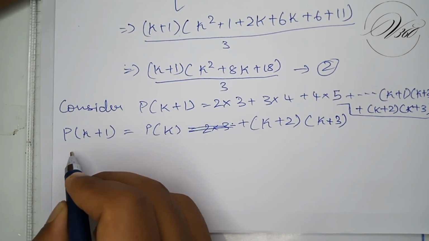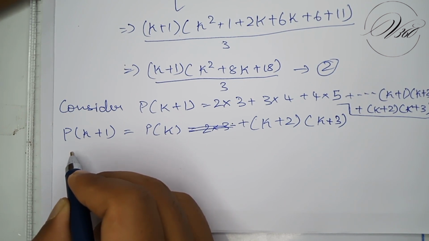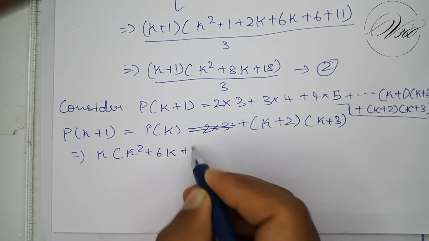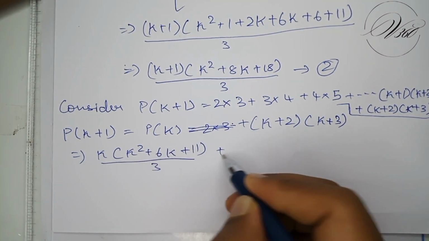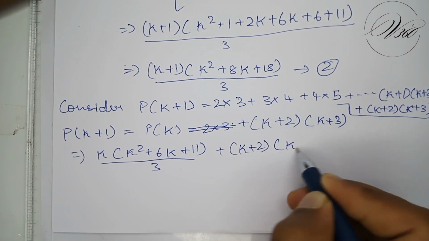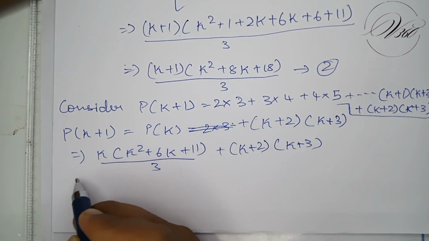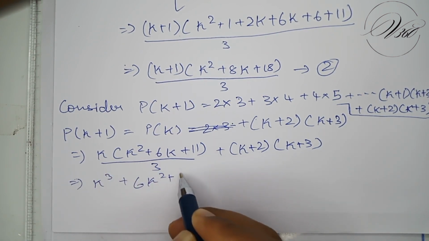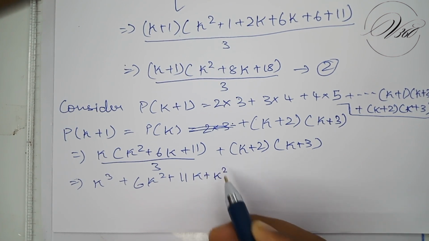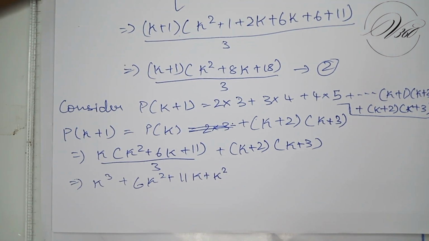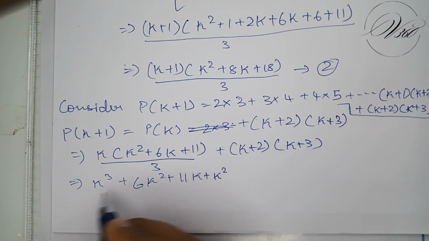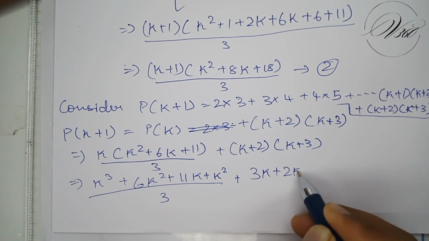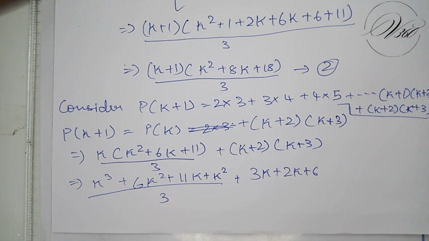That is, here we will get k(k² + 6k + 11)/3 + (k+2)(k+3). Now in the next step we will get k³ + 6k² + 11k + k² + 3k + 2k + 6, all over 3.